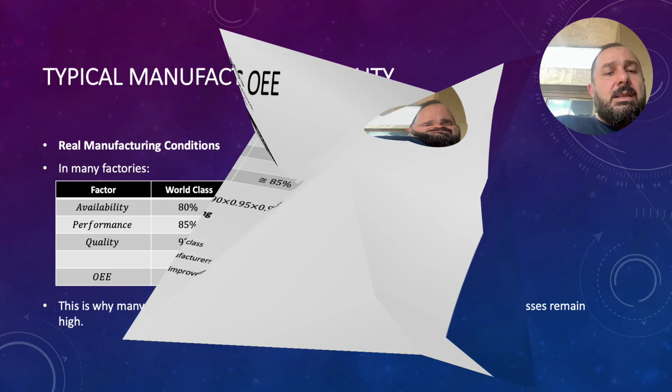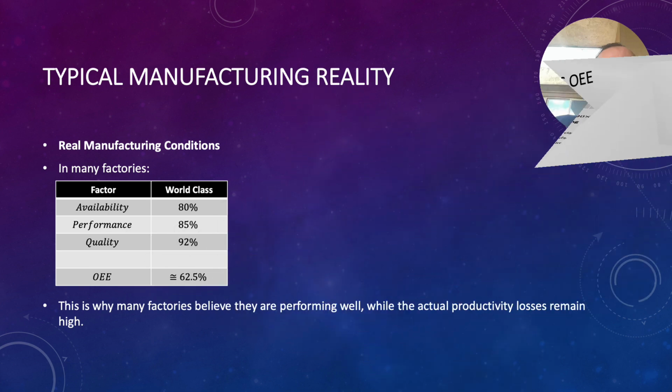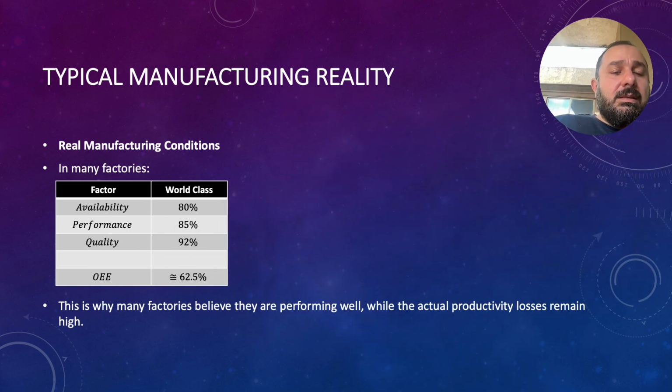So typically, if you look at manufacturers in reality, someone who is really manufacturing and trying to improve, usually on average there is availability of 80%, performance of 85%, and quality of 92%. That is an average company that is producing and manufacturing.